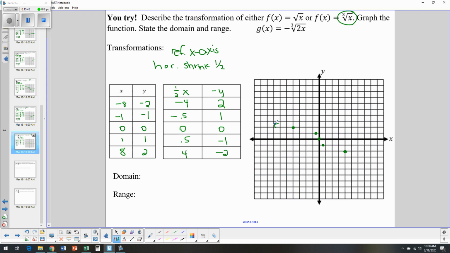So again, arrows on both sides for a cube root. Ooh, I'm darn proud of that one this time. All right, domain. Actually, remember domain and range are always all real for our cube roots.